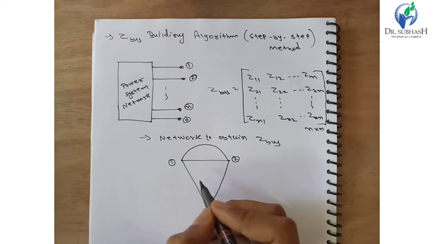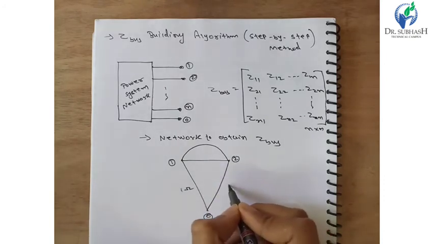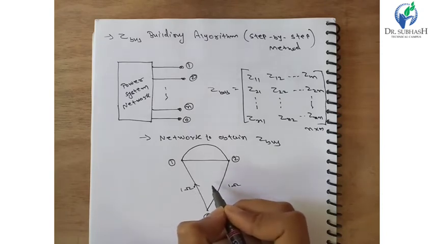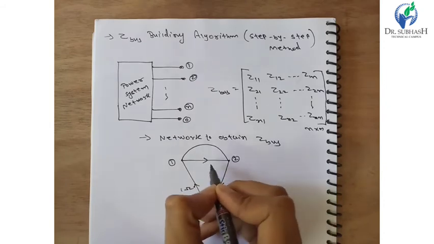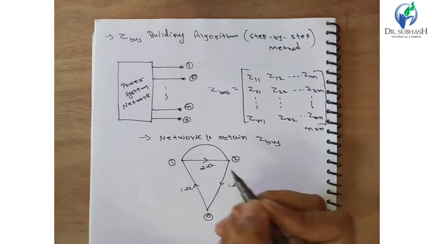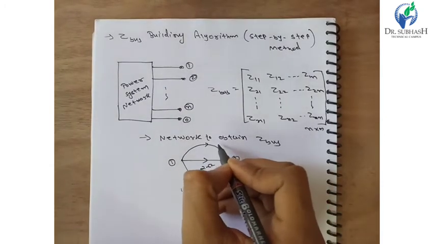Here the resistance of this line is 1 ohm, and the other line is also 1 ohm. The direction of this line is here, and the direction of the other line is here, and this one is 2 ohm. This is the example form of this network.